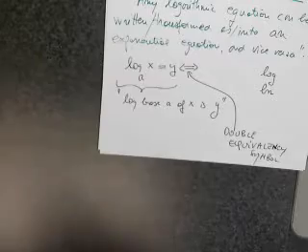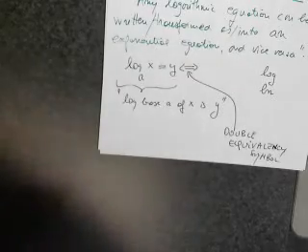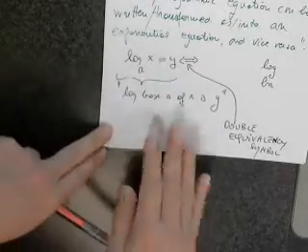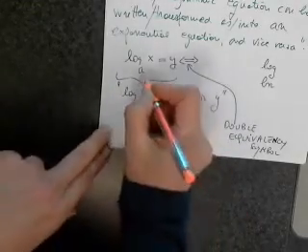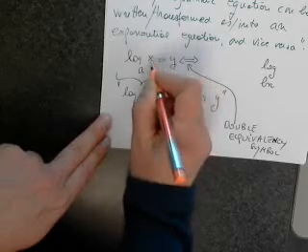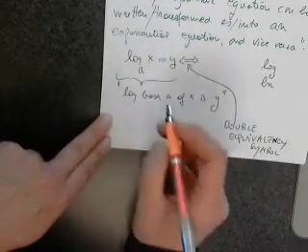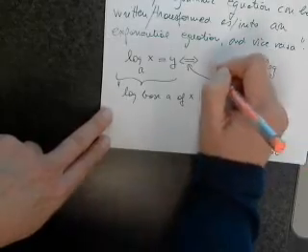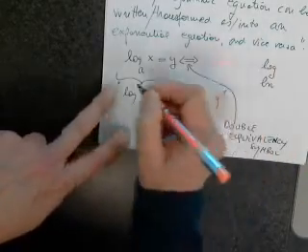So now please pay attention to this transformation from a log equation into an exponential equation. Here it is. The base raised to y is x. So counterclockwise, starting with the base, a raised to y is x.